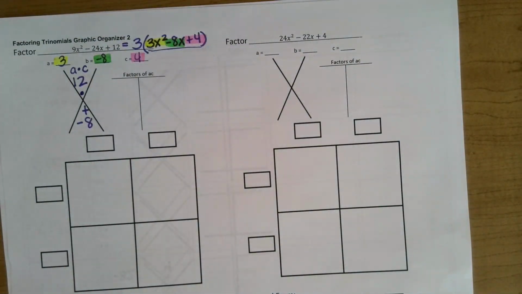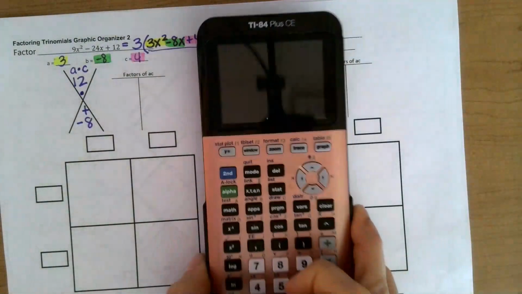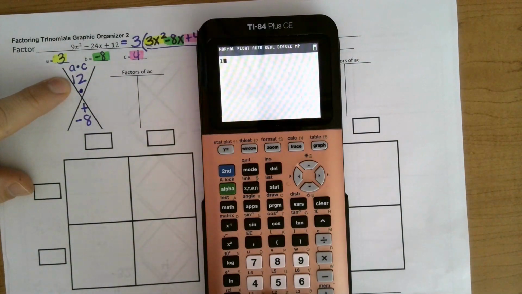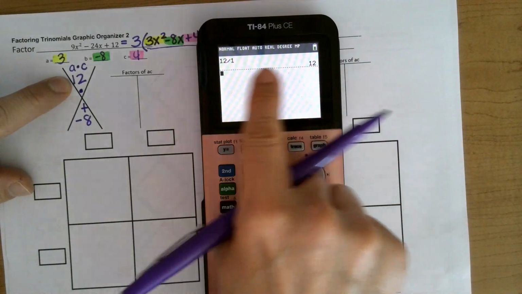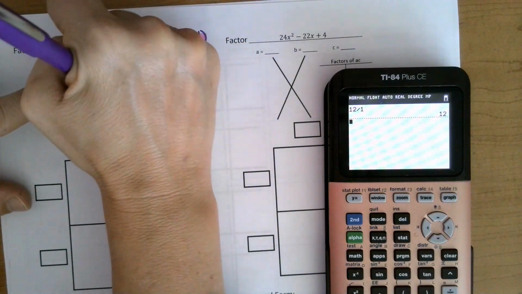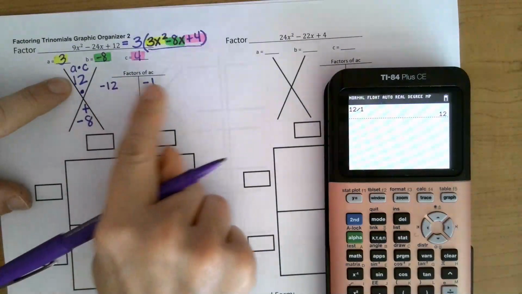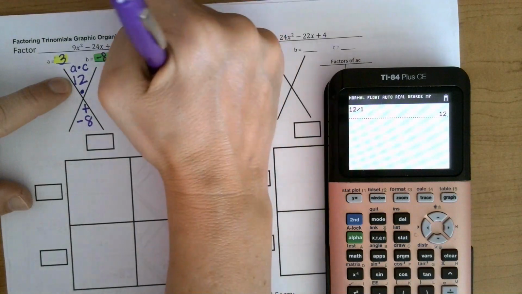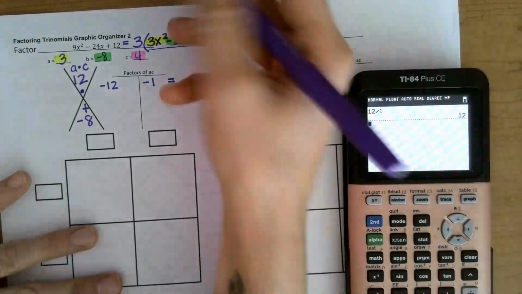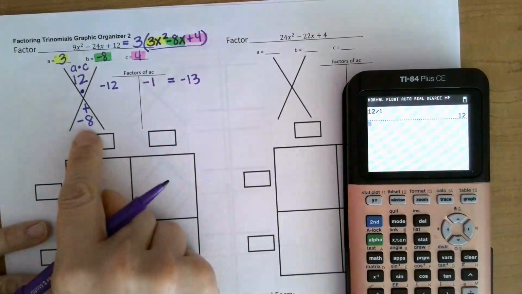So first, when you're figuring out your factors, if you're struggling to figure out factors, divide numbers by 12. Like start with 1. 12 divided by 1 is 12. So that means 12 and 1 are factors. And then with my flowchart, I know they both have to be negative. So negative 12 and negative 1. Then add those together. What is negative 12 plus negative 1? All right, we know it needs to be negative 8, so we can't use that.